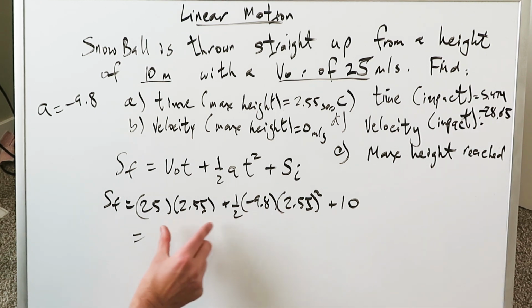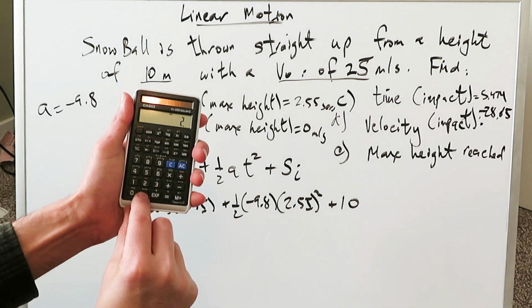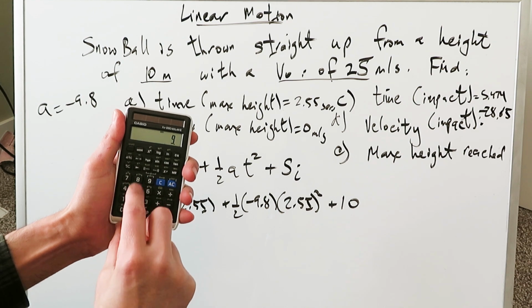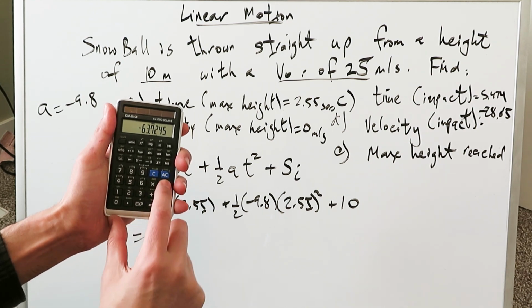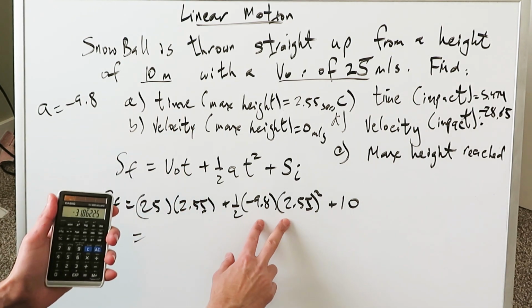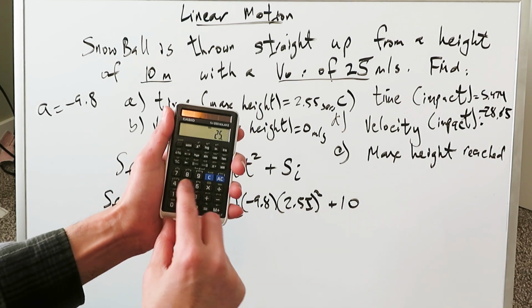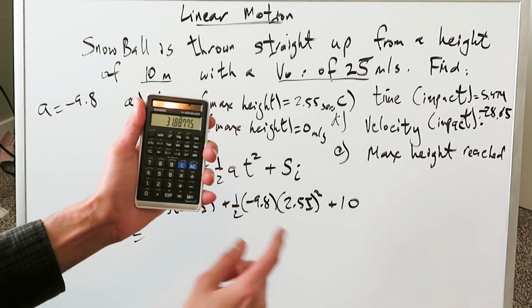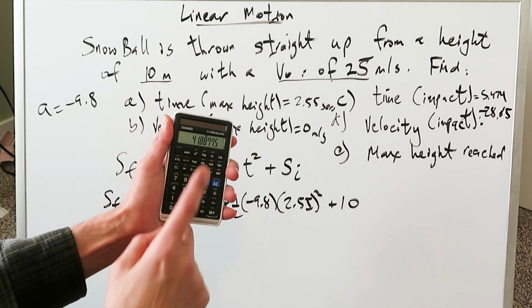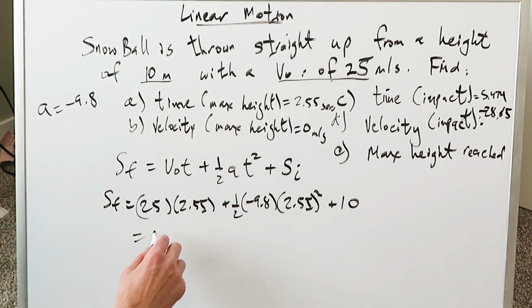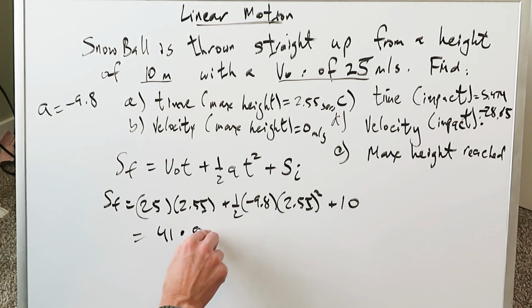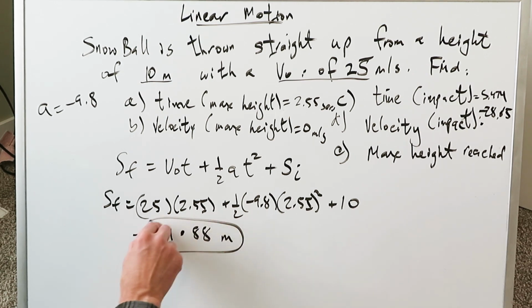I'll do 2.55 squared times minus 9.8 divided by 2. Then I'll add 25 times 2.55 plus the initial height, 10, and that'll be 41.88 meters. So we've done this question.